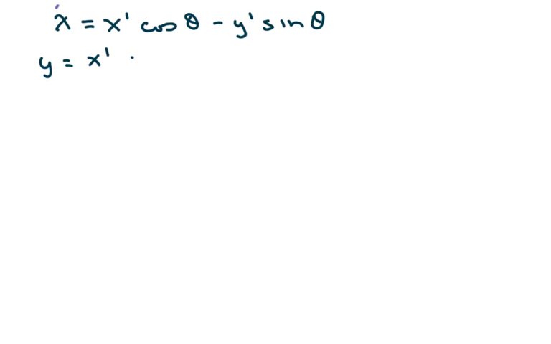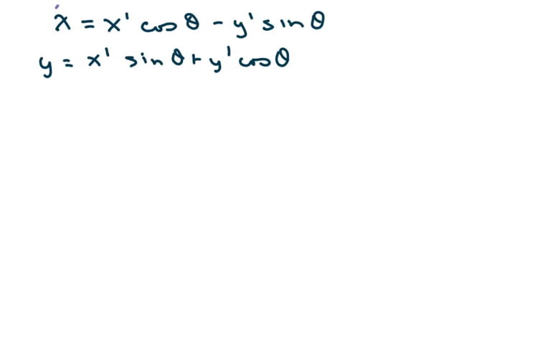Now we're just going to use our rotation formulas, which is x equals x prime cosine of theta minus y prime sine of theta. And we're going to use y equals x prime sine of theta plus y prime cosine of theta.